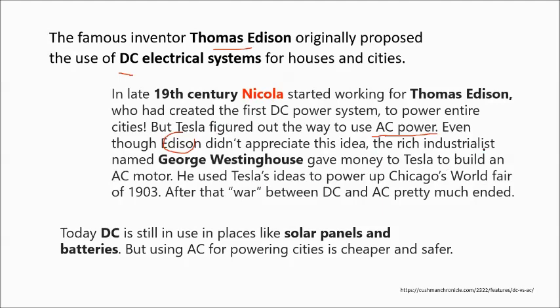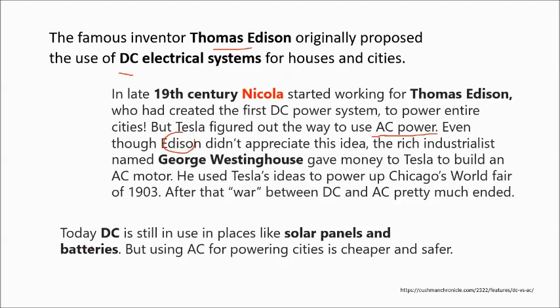a rich industrialist, George Westinghouse, gave money to Tesla to build an AC motor. So that was the start of the AC motor for generation of electricity, alternating current. He used Tesla's idea to power up Chicago's World Fair in 1903. After that, the war between DC and AC pretty much ended.